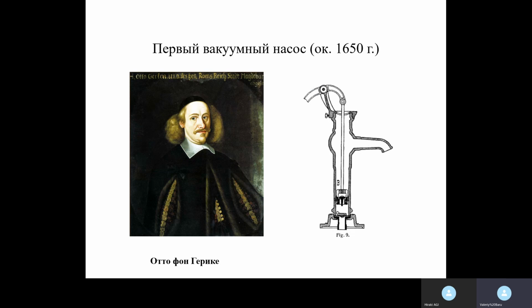But for the applications that we can have with Asahi products, two main types of pumps would be, first of all, membrane pumps, and the second would be rotary vane pumps.